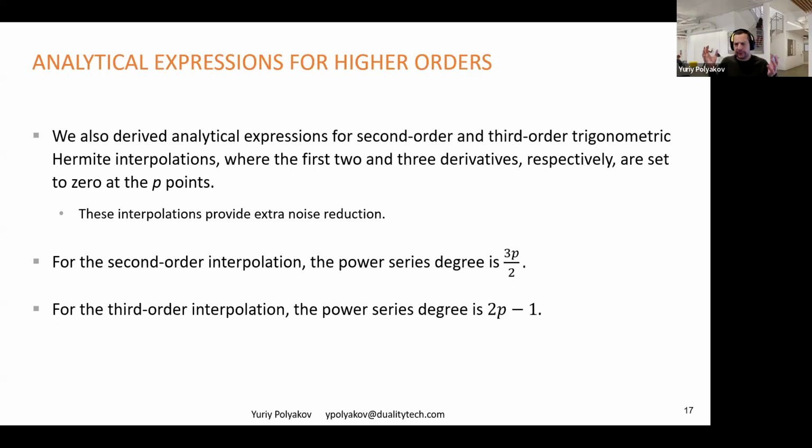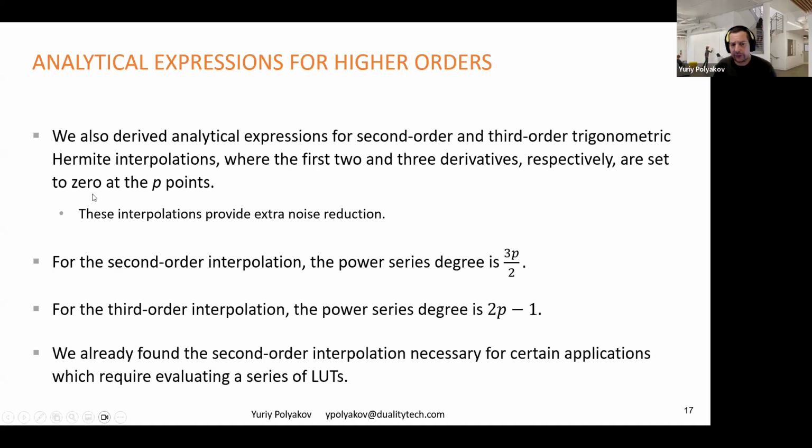So one way to think about it is that the cost of going from the first order interpolation to the third order is equivalent to the cost of adding 1 extra bit of precision to the lookup table evaluation. And as I mentioned previously, when we deal with a series of LUTs that we need to evaluate, we saw instances where first order approximation by itself was not sufficient, so we had to use second order approximation. We haven't seen use cases for the third order case yet.